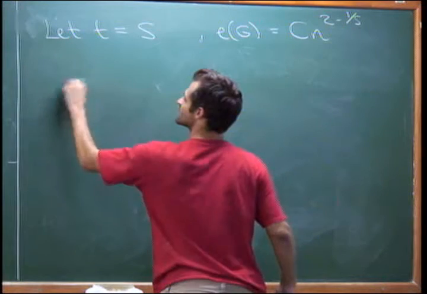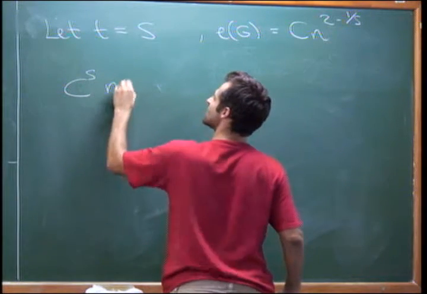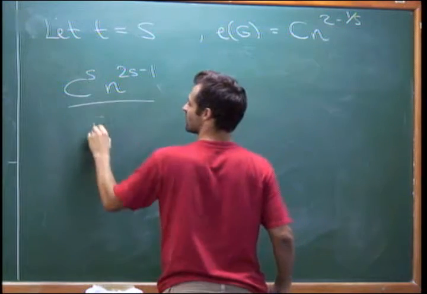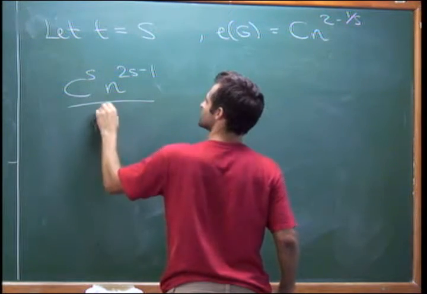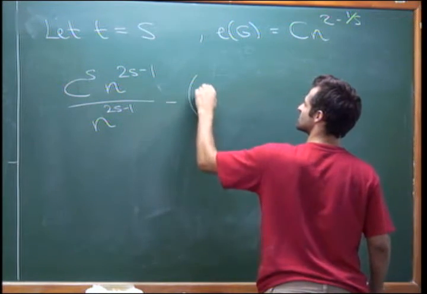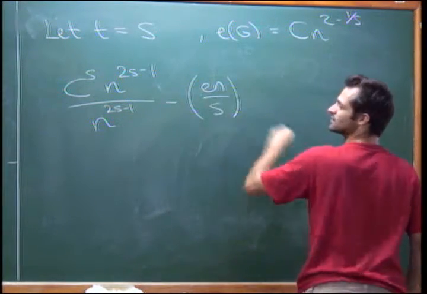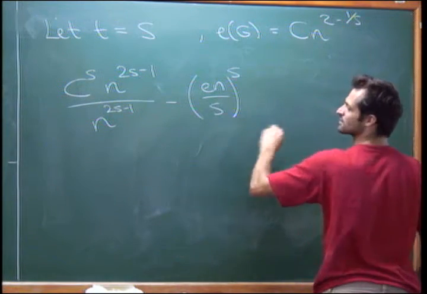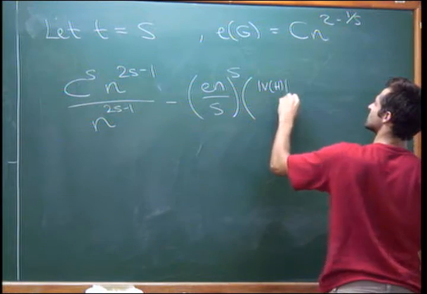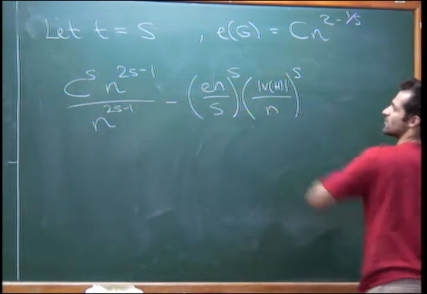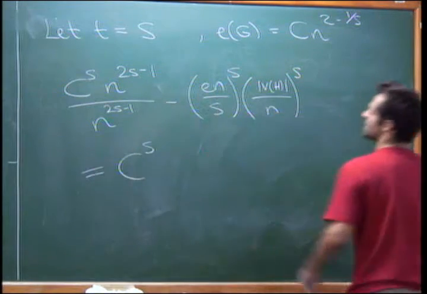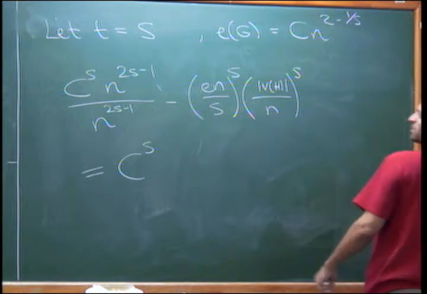And we get c to the S, n to the 2s minus 1 over n to the 2s minus 1, minus (en over S) to the S times some small constant, number of vertices of H over n to the S. This equals c to the S times what?